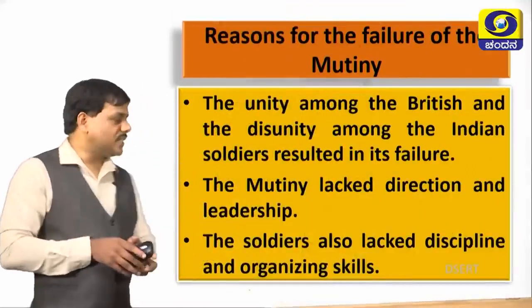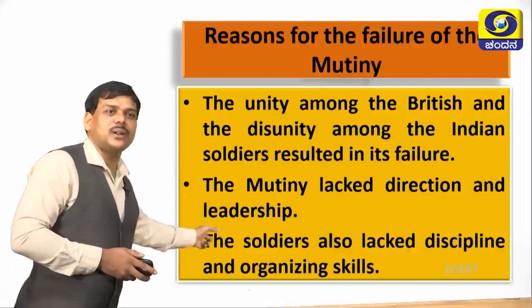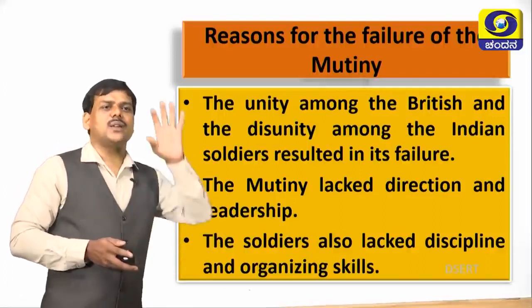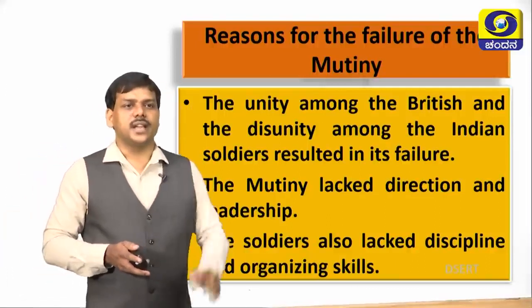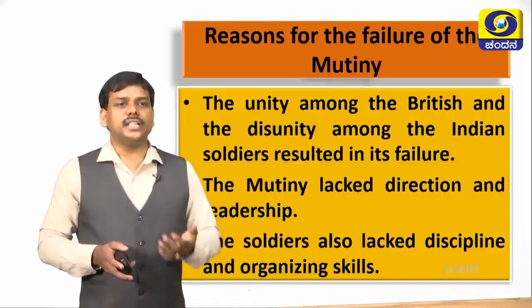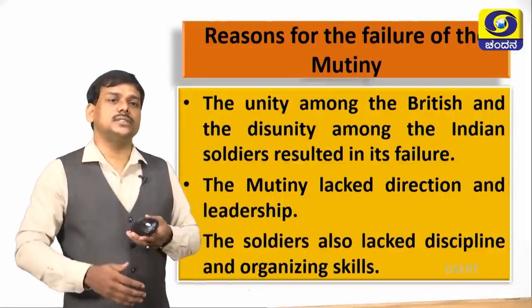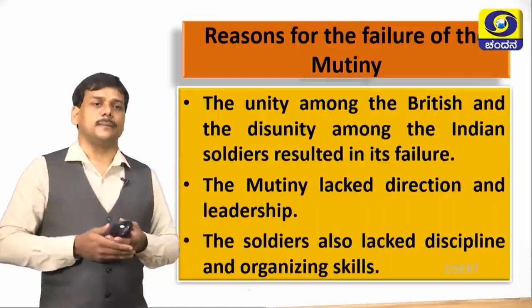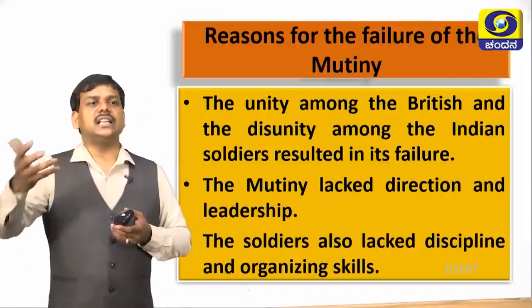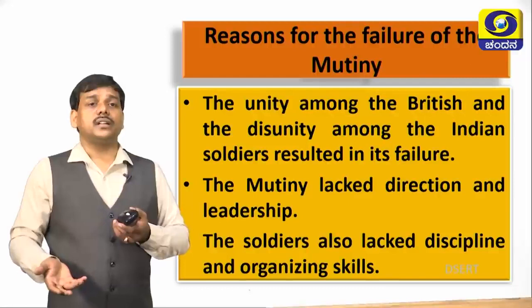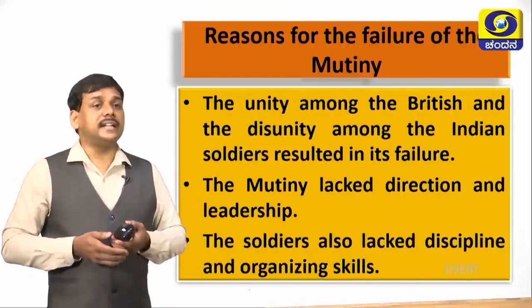Now we shall discuss what were the reasons for the failure of 1857 revolt. There were many number of reasons. First one, unity among the British and the disunity among the Indian soldiers. It was the main reason. The mutiny lacked direction and leadership. We did not have proper direction, we did not have proper leaders also.